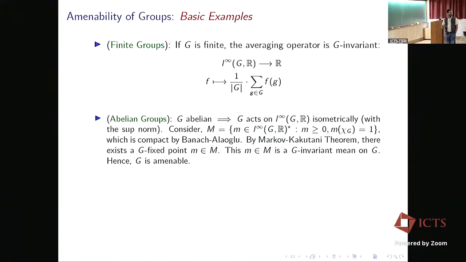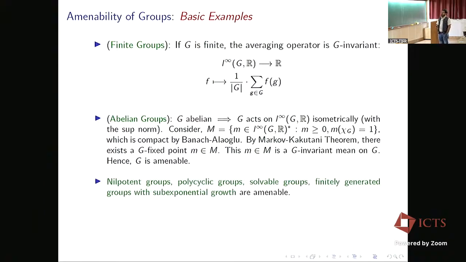And that fixed point on the space of states will be the invariant mean that we are looking at. So abelian groups admit a G-invariant mean, so they are amenable. Other classes of amenable groups: nilpotent groups, polycyclic, solvable, finitely generated groups with sub-exponential growth, etc.